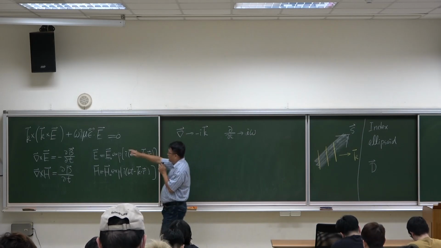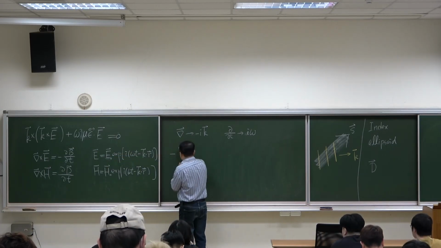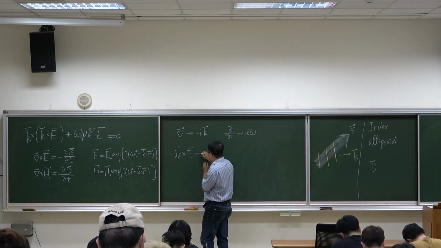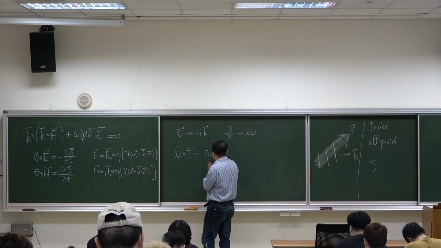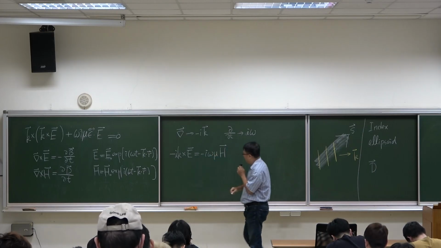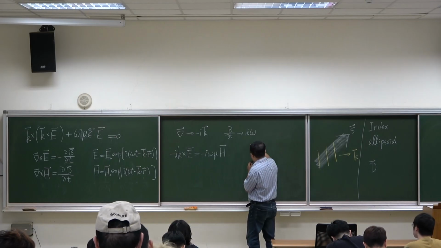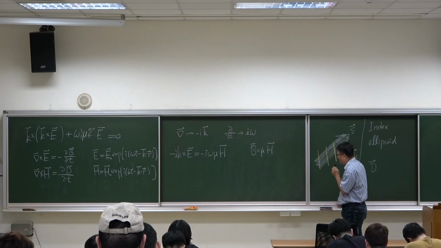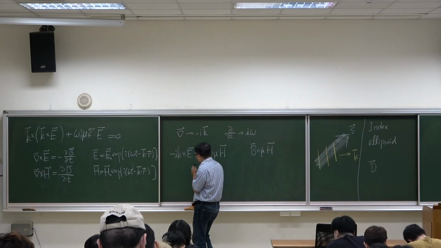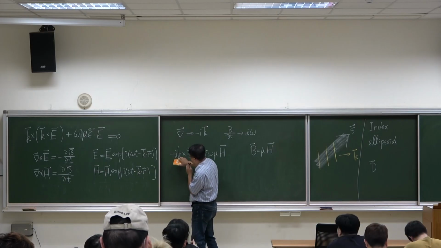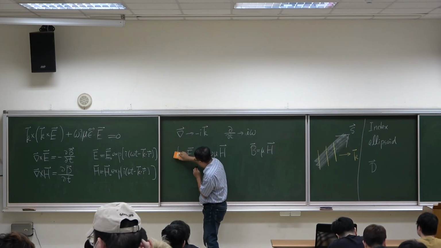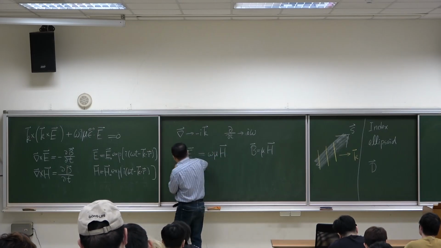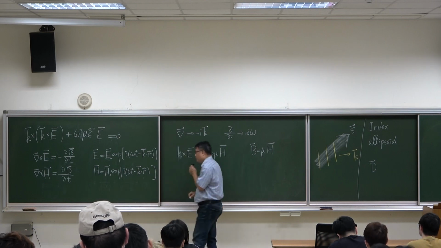So this equation can be rewritten as minus ik cross E equals minus i omega times mu h. Okay, because now B is equal to mu h. B is the magnetic induction and h is the magnetic field. So both sides have the factor minus i, so this equation can be written as K cross E equals omega times mu h.